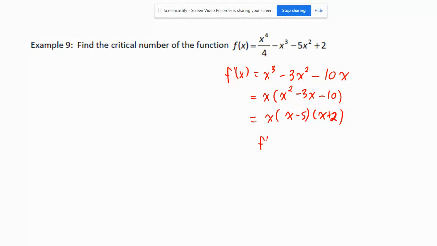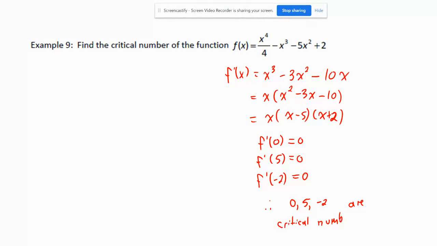So in other words, f prime of 0 equals 0, f prime of 5 equals 0, and f prime of -2 equals 0. Therefore, 0, 5, and -2 are critical numbers. Sometimes we call these critical values. It means the same thing.